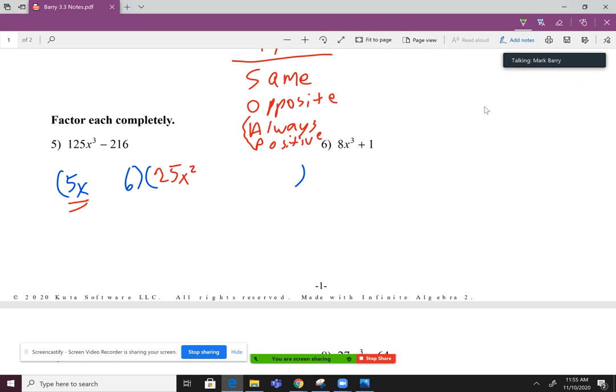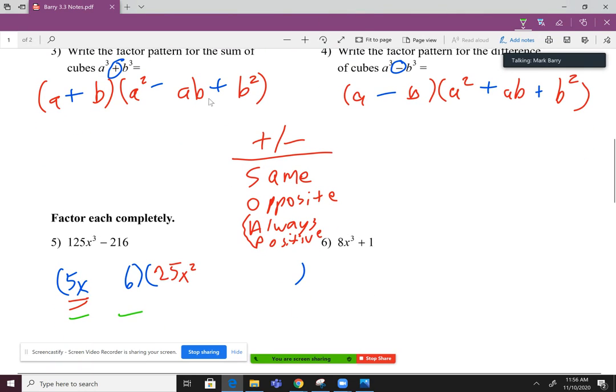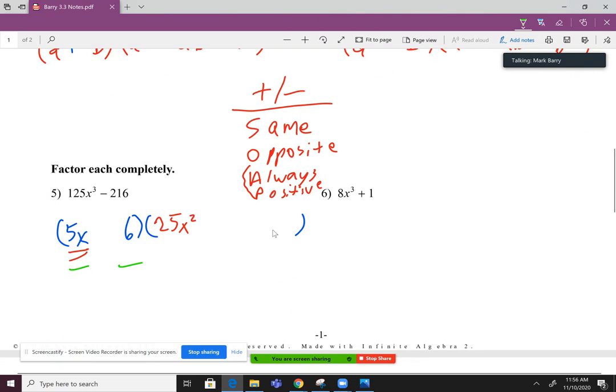Next, we do the first term times the second term. If you look back up here, this was the a b we had in the middle, okay? So first term times second term, 5x times 6, that's going to be 30x. 5x times 6 from my small parentheses, first thing times the second thing.